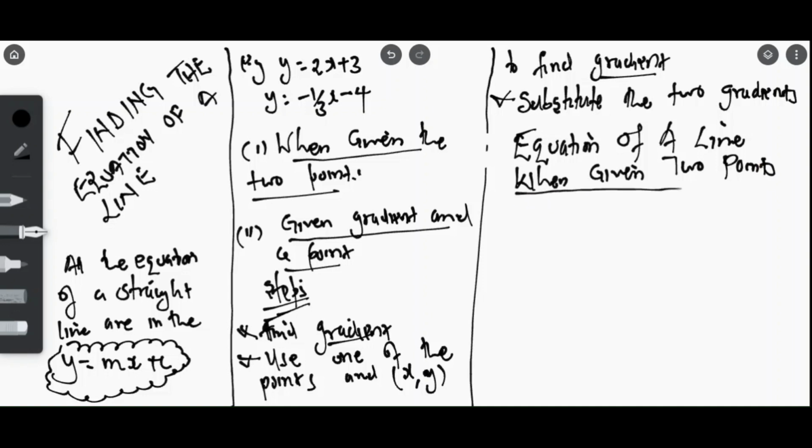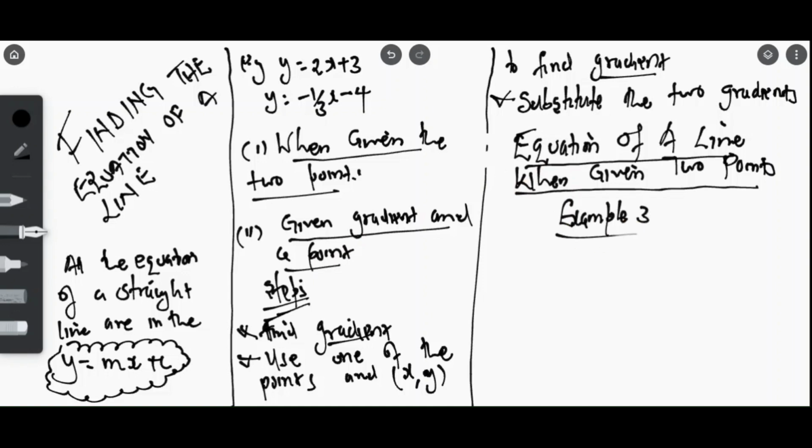I've said that a question can come when you've been given 2 points or when you have a gradient and a point. So I want to have an example whereby you have 2 points.